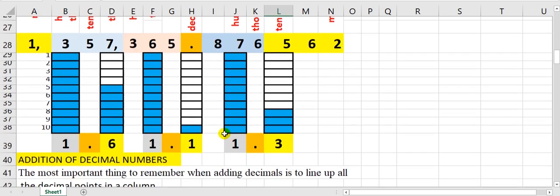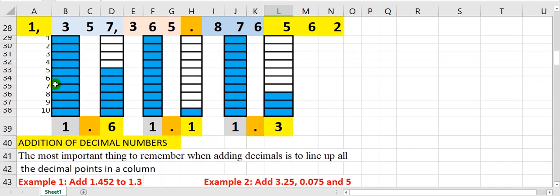Look here as an example. This is the unit, 10 parts. 10 parts, 10 over 10 equals 1. Here, 1, 2, 3, 4, 5, 6. 6 from 10 means 6 over 10 means 0.6. This is 1 decimal place.